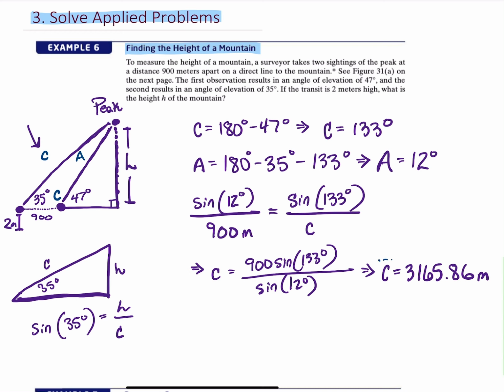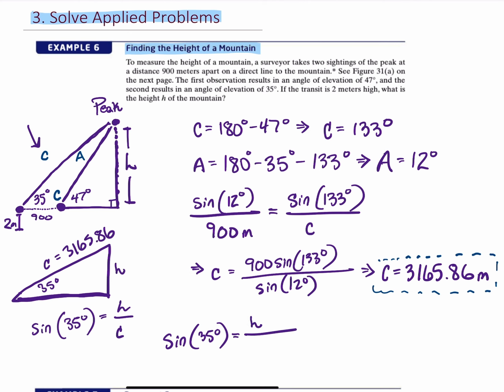So that's a useful piece of information. Now we can think of the entire triangle. So we know this side length, 3,165.86. So that means we can plug in for C here. We can say the sine of 35 degrees is the opposite side length of H over the hypotenuse of 3165.86. So H should be equal to the sine of 35 degrees times that hypotenuse.